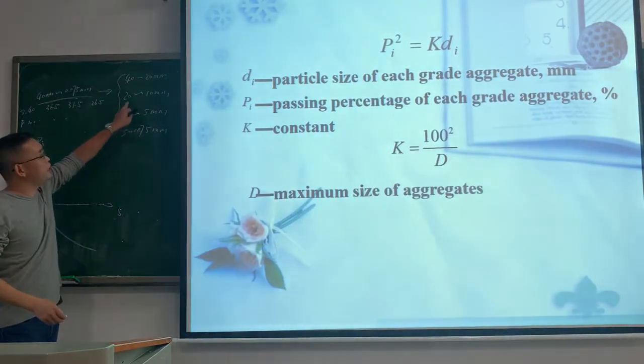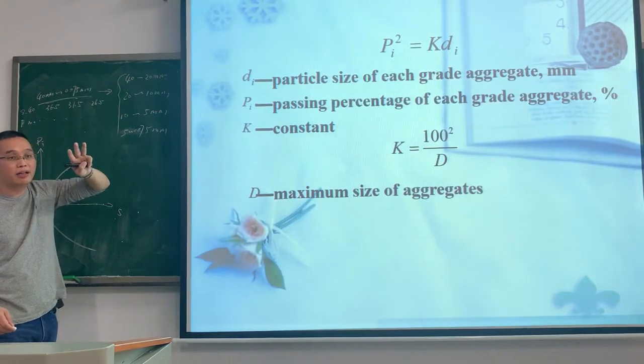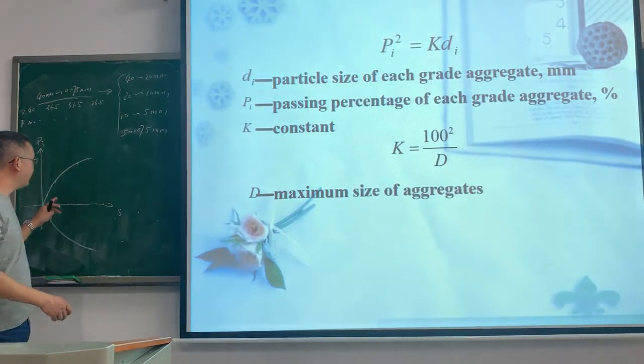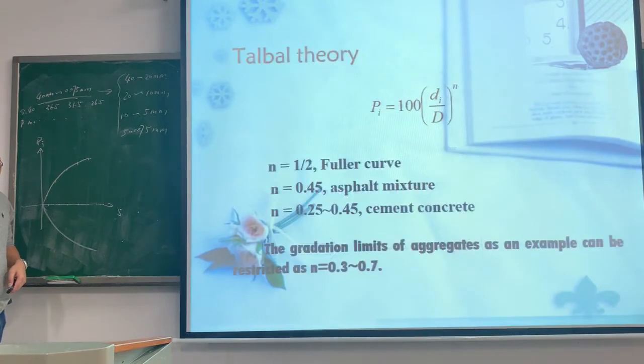But for this kind of aggregates, maybe it has 3 kinds of sides. So it is difficult for us to get the gradation, the best gradation. So how can we solve it? We need the type diagram.